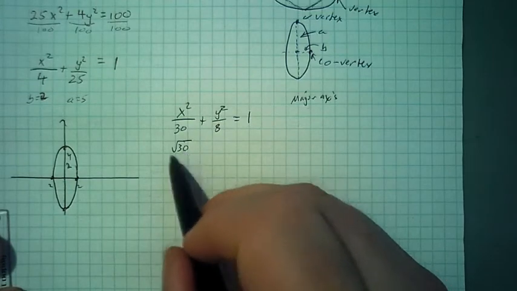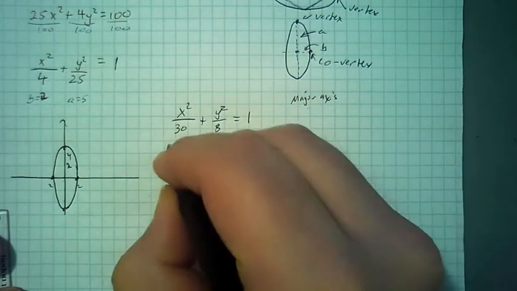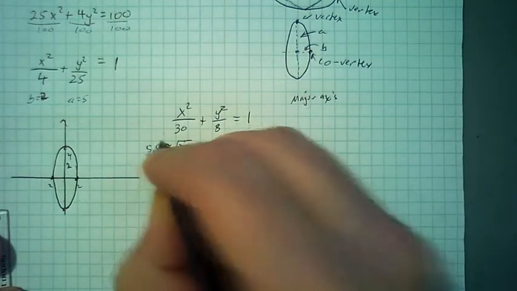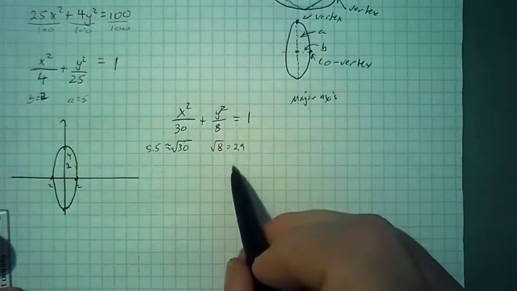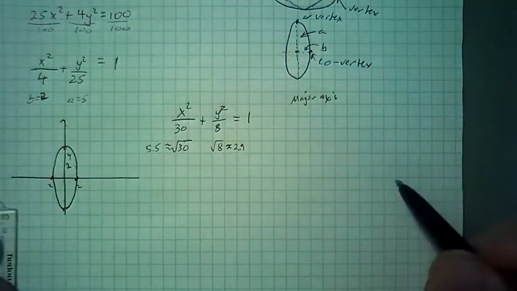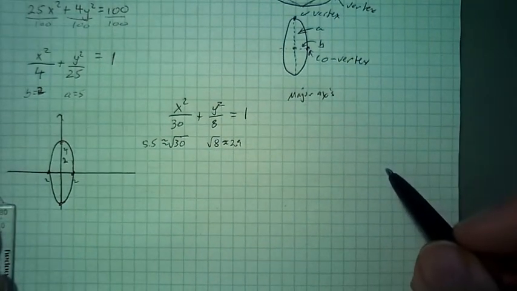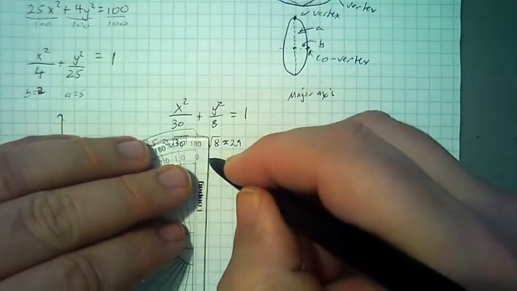So it's going to be really close to 5.5. The square root of 8 is really close to 3. So I'm going to approximate it at about 2.9, because 9 would be 3. Might be better off at 2.8, but for this graph it's not really going to matter too much.